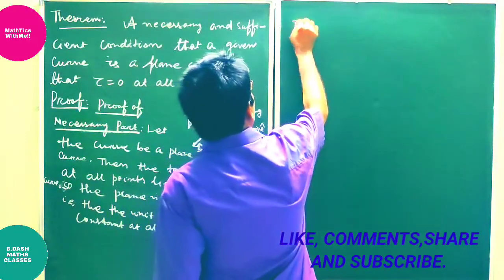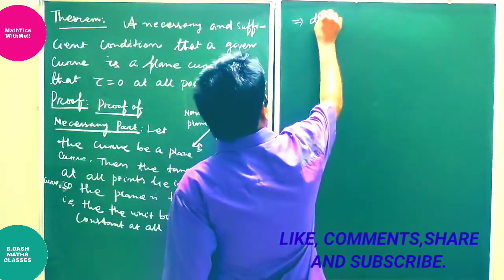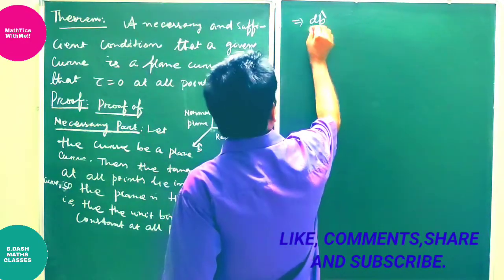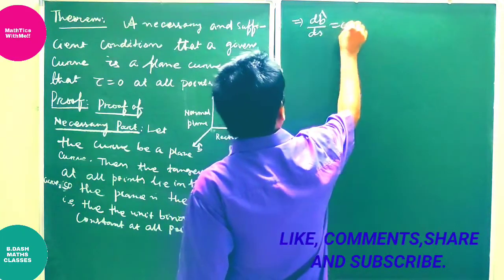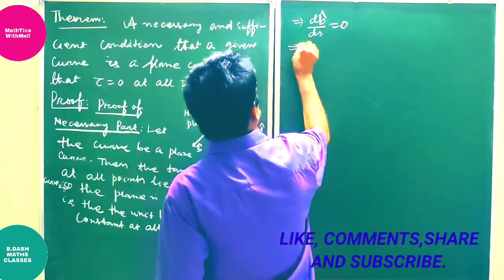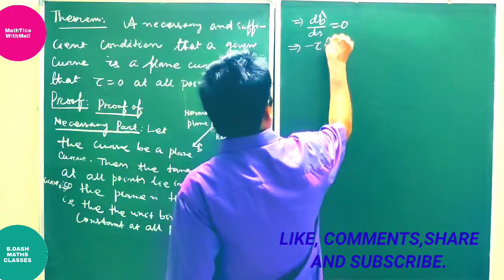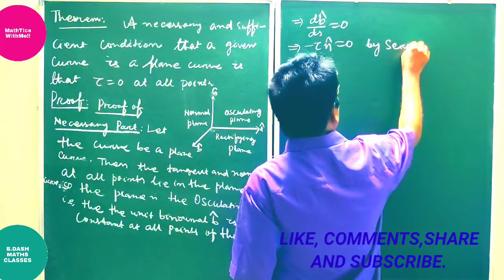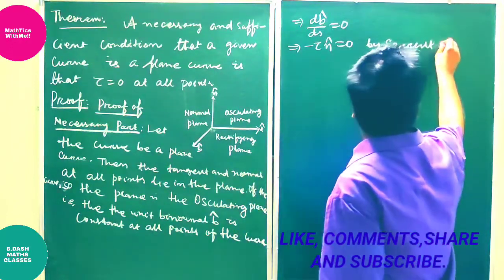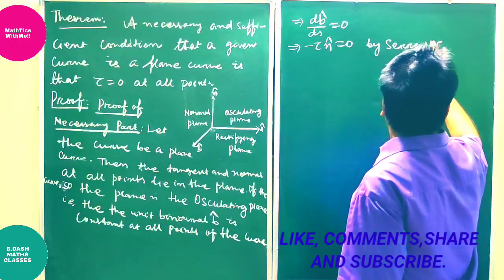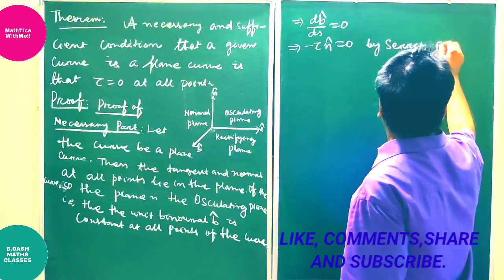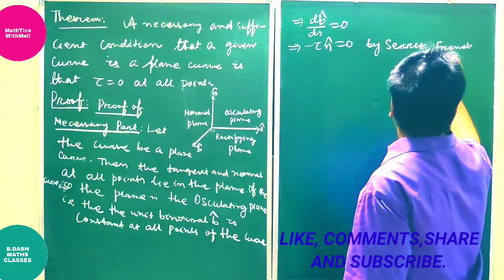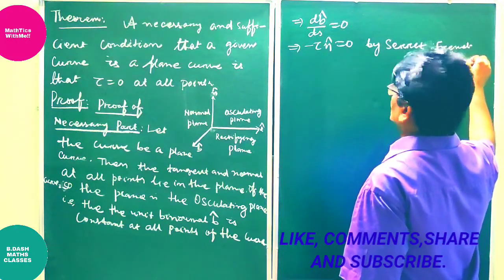So this implies d B cap by ds is equal to 0. This implies minus tau n cap is equal to 0 by the Serret-Frenet formula.